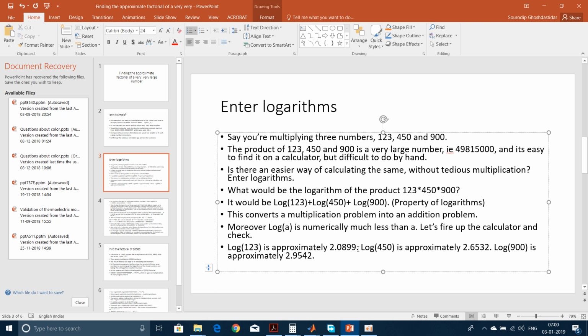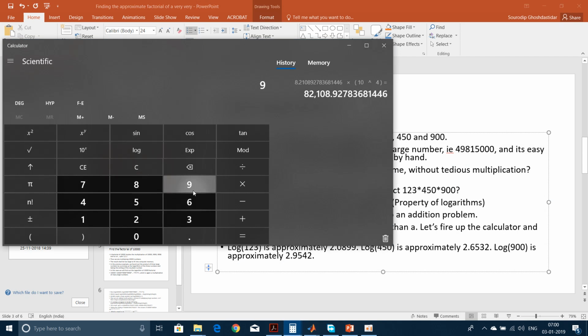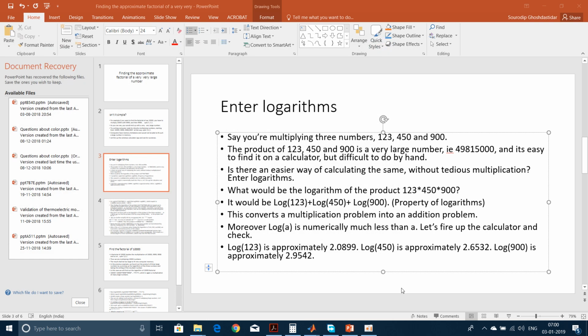Log 900, for example, is another single-digit number with many places after the decimal point. So as you can see, you reduce 900 to 2.9542, 123 to 2.0899.